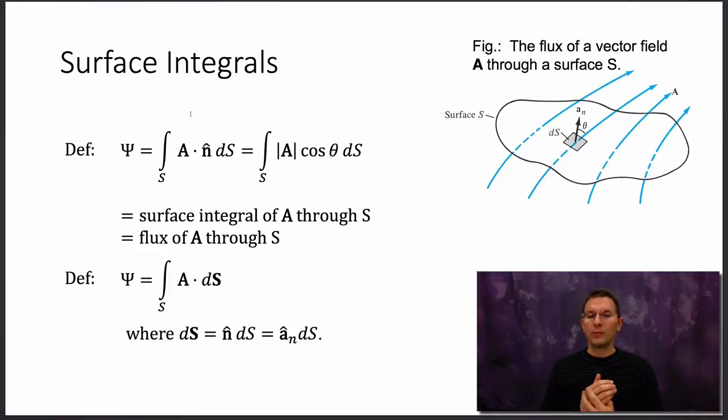Well, the amount of water that flows through that pipe per unit time is related to the flux of the water through a cross-sectional area. So think of this A as being now the velocity vector of the water. You take the normal component, the component of that velocity that's at 90 degrees to the surface, and you add it up all across the cross-section of the pipe, and that tells you how much water is flowing through the pipe per unit time.